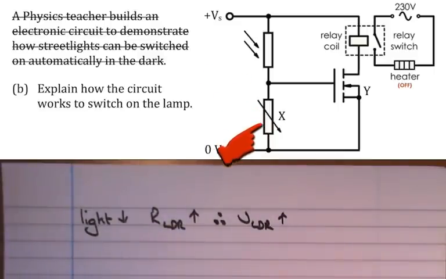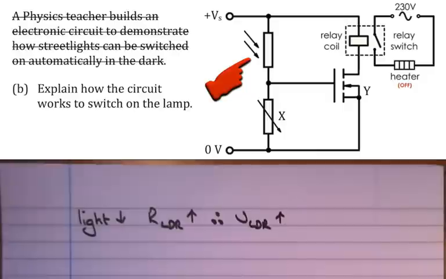So how do we get the voltage across this resistor to increase, which is then, as we said, going to switch on the MOSFET or allow the MOSFET to conduct? Basically, we have to talk about this voltage first. If this voltage across the variable resistor is increasing, that's because the voltage across the LDR is decreasing.